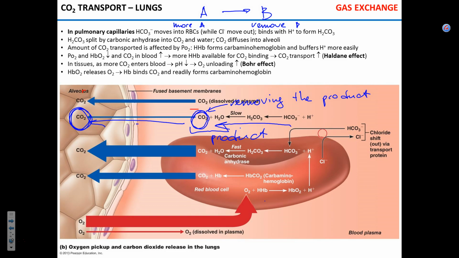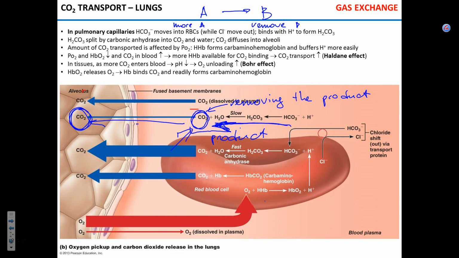Do you understand what I just said? So you remove the product, which is CO2. It leaves the blood where the reaction happens and goes somewhere else, the alveolus, right? So you don't have CO2 here, which means that the equilibrium of this reaction will be constantly shifted to the left. That makes sense?